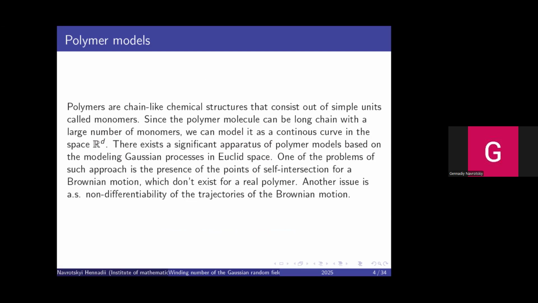So the motivation is the following: polymers are chain-like molecules that consist of simple, internally simple units called monomers.